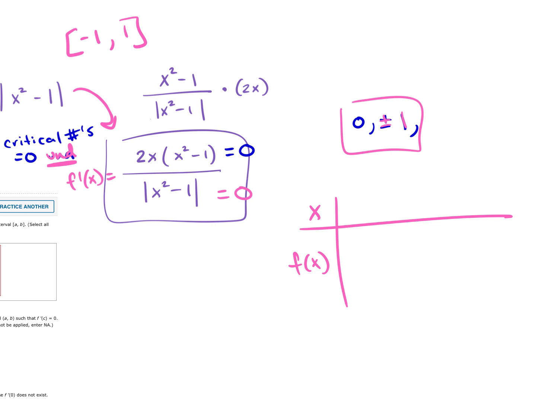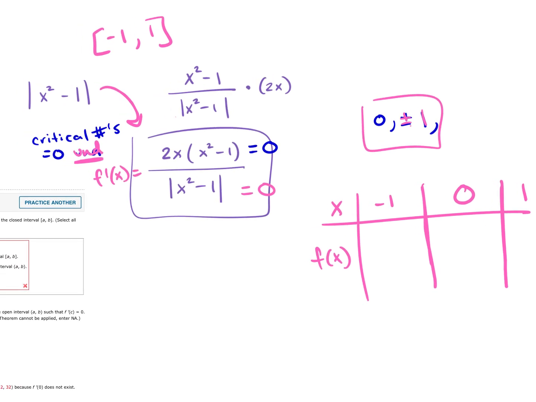So we would use our endpoints from -1 to 1 and our critical numbers, which our endpoints end up just repeating as critical numbers here, because I made this up. Then we'd plug it in. Where do we plug it into? The original. We would plug it into the original function.